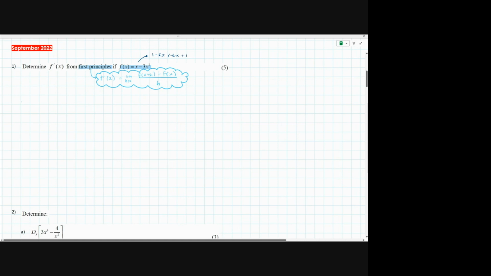That's just using my shortcut rules for the derivative: taking the exponent of my variable, multiplying it by the coefficient, then subtracting 1 from the exponent. The reason I like to do this is so that when I finish my first principles, I can go back and double check that I have done it correctly. Okay, there's a shortcut method for a reason. Use it to check yourself.